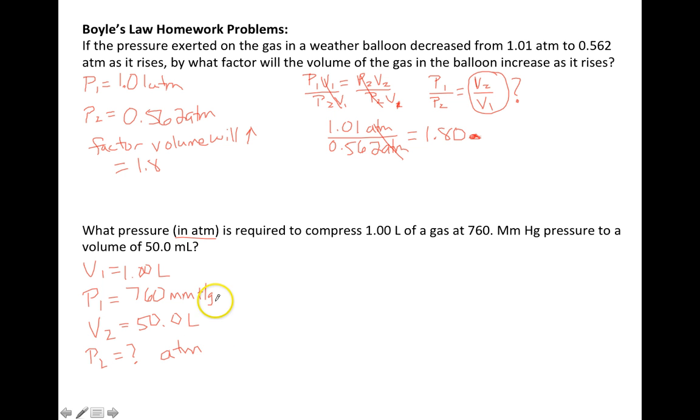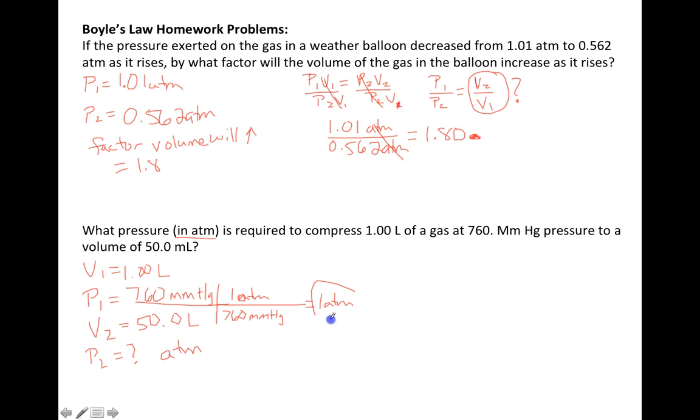Well, my original pressure is not in atmospheres, so I am going to need to do a conversion. If you go back to page 1 of your notes, where you have all of your pressure values written down, 760 millimeters of mercury is equal to 1 atmosphere. So that equals 1 ATM.